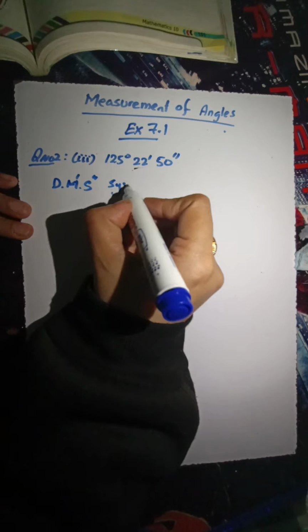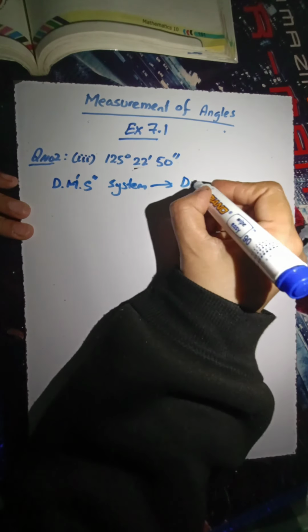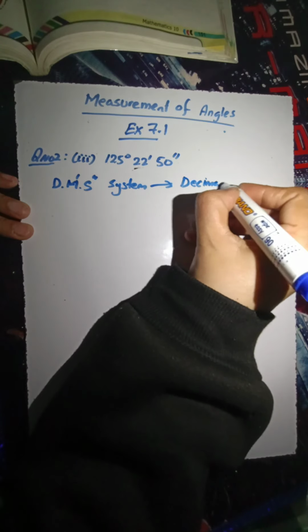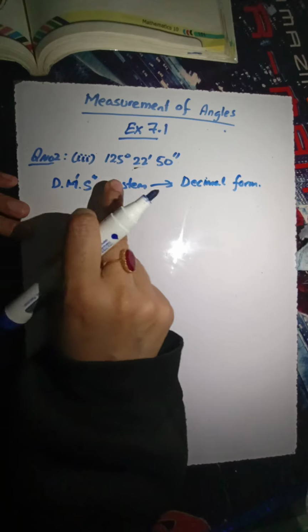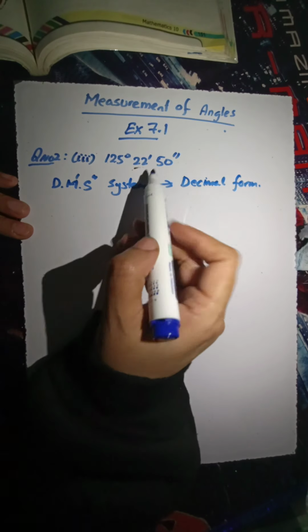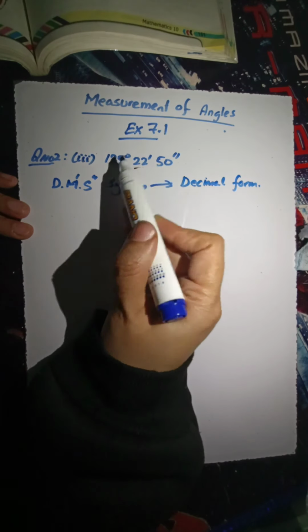Now in order to convert, this is given in the D.M.S system, degree, minute and second system, and they want us to convert it into decimal form. In order to convert it into decimal form, we have to change these seconds into degrees, and also these minutes into degrees.